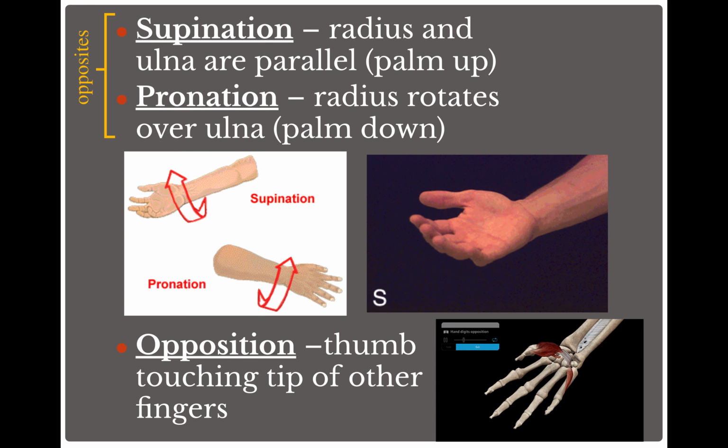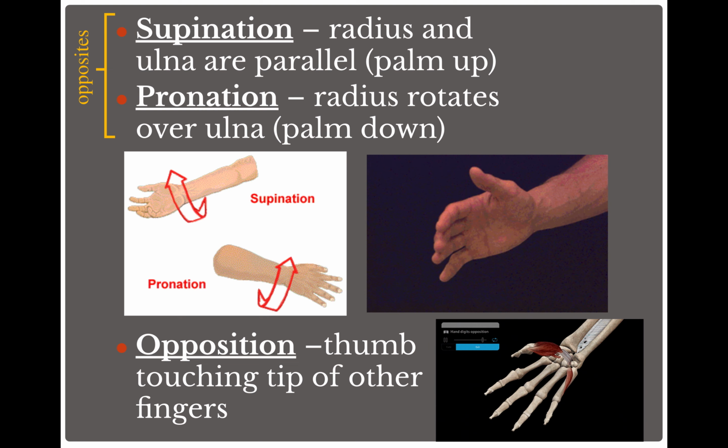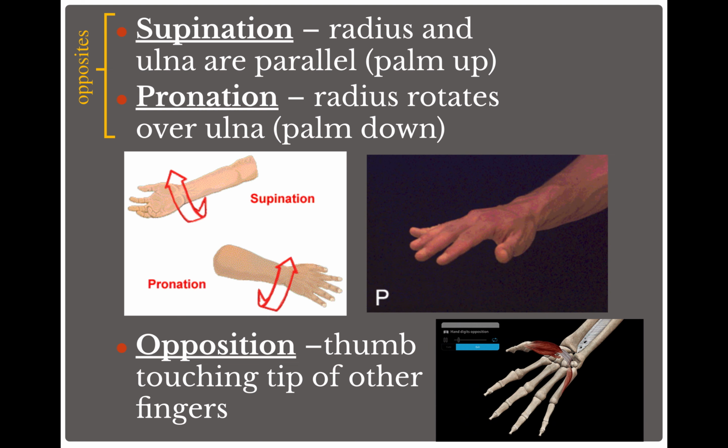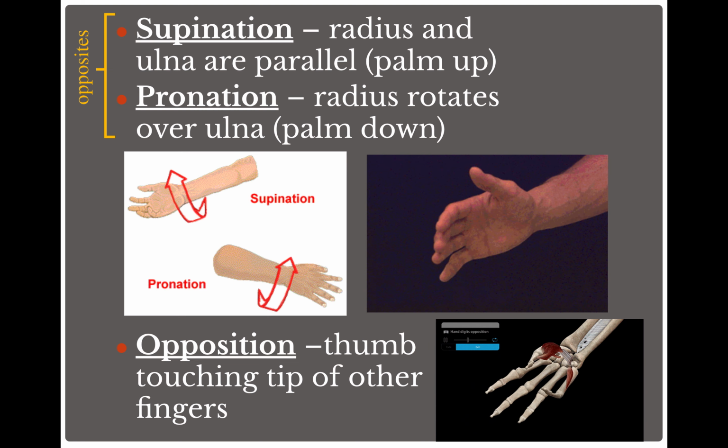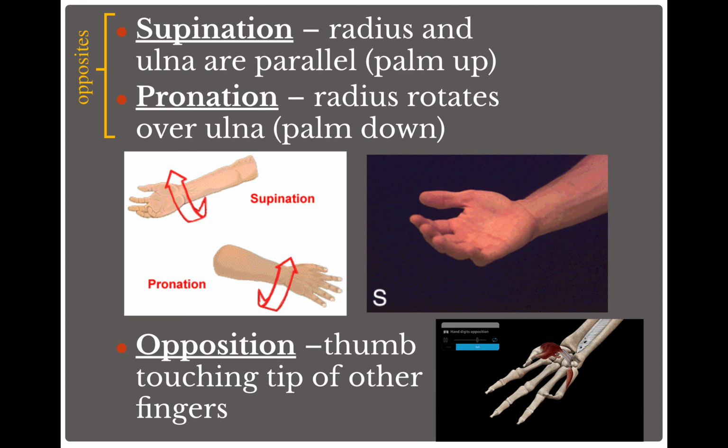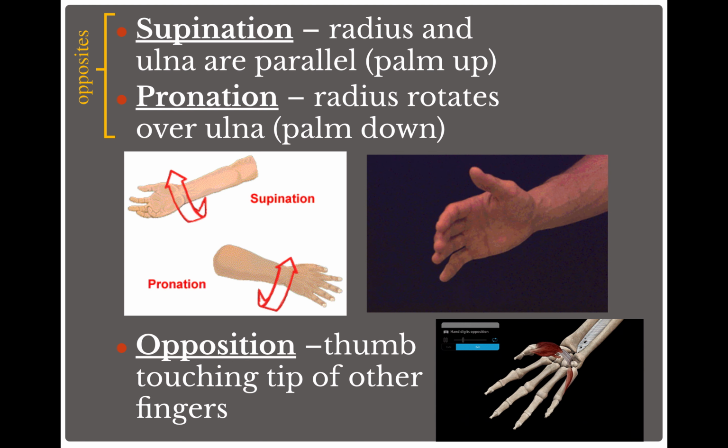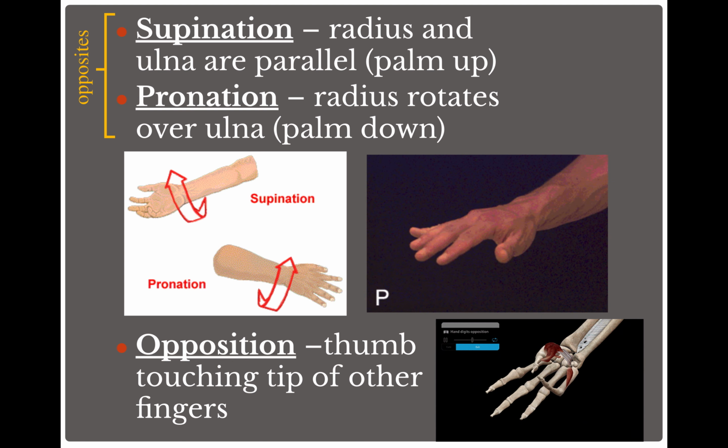I mentioned your feet. Your feet aren't used for supination or pronation as much because they're most of the time on the floor or in the pronation position all the time, versus your hand, which you can mentally choose whether it's palm up or palm down, and it can be in either position.